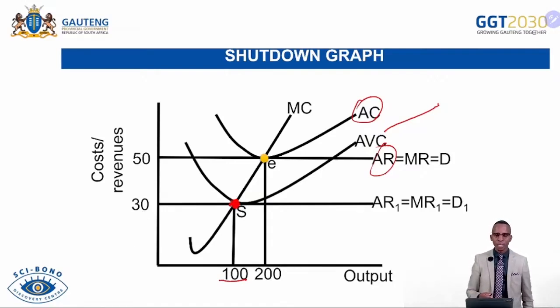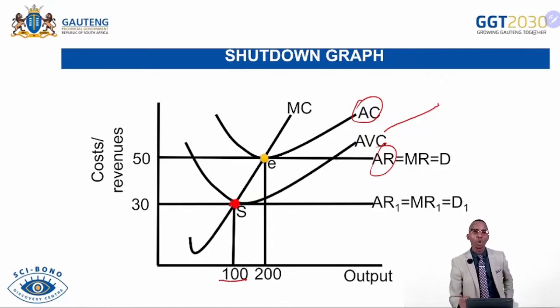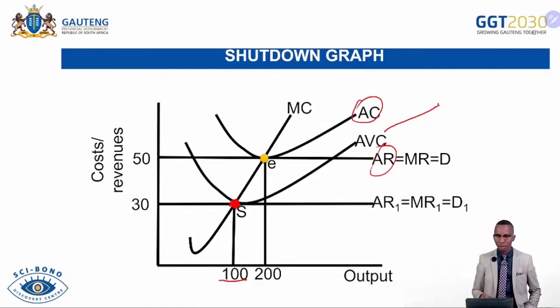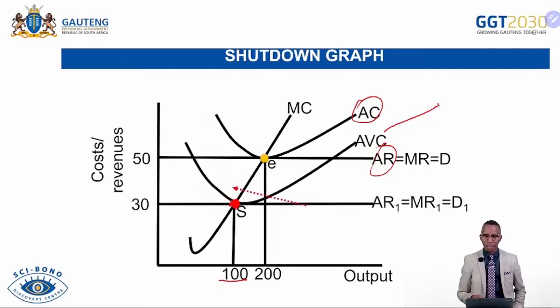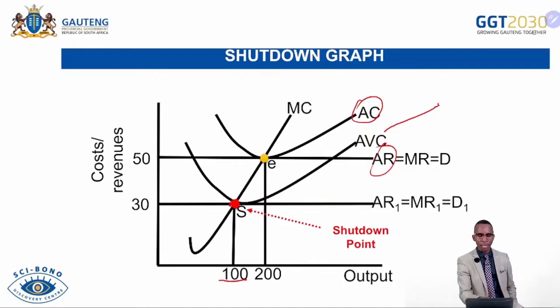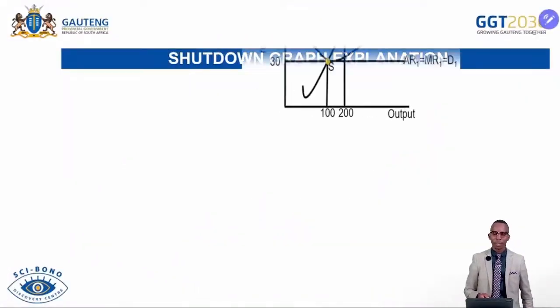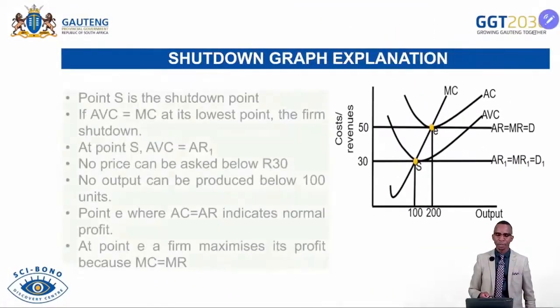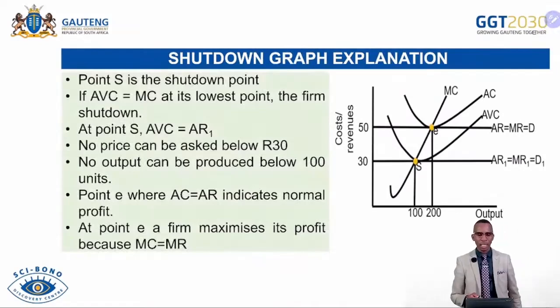So the firm simply shuts down here, and cannot continue with its operations under this condition. There is an arrow indicating the shutdown point. The firm is shutting down here at point S, where MC equals average variable cost, or AVC. Then the graph is explained as a shutdown. So point S indicates the shutdown point.